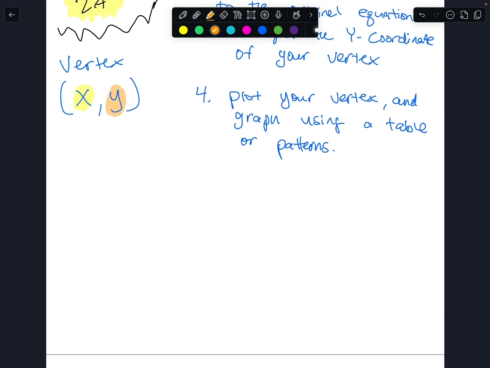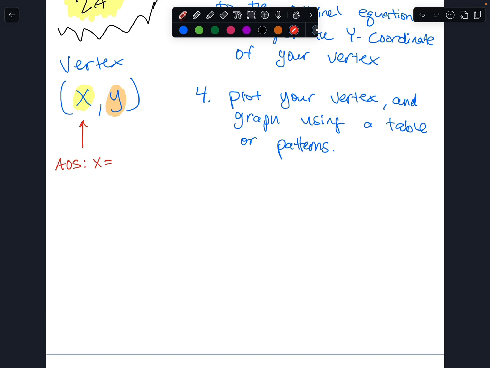Once you have found the numbers that go into your vertex, that actually tells you a lot of stuff. Once you find your vertex, you have a lot of information. This right here is going to be called your axis of symmetry, and you'll write it as x equals whatever number you just wrote right there. Okay?